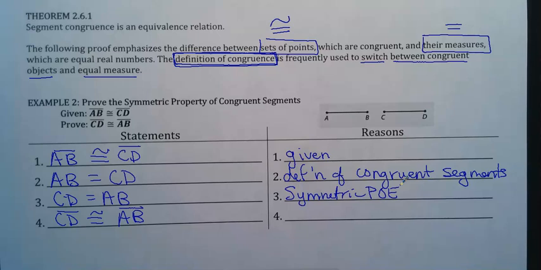And then if we know that the measure of CD is equal to the measure of AB, we can go back and say, oh, well then segment CD is congruent to segment AB, which again is the definition of congruent segments.